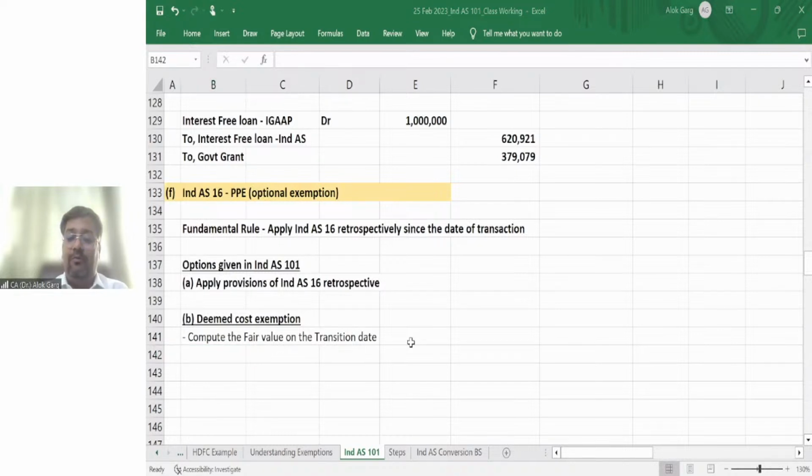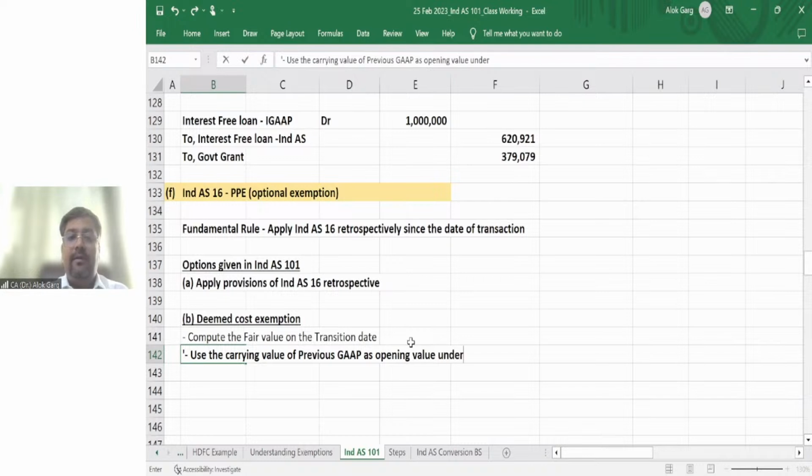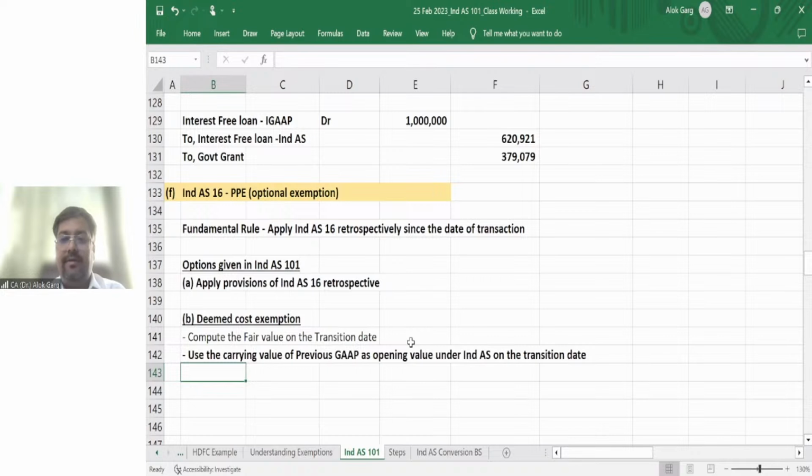Use the carrying value of previous GAAP as the opening value under Ind AS on the transition date, right? This is a carve out which we have taken in Ind AS 101.